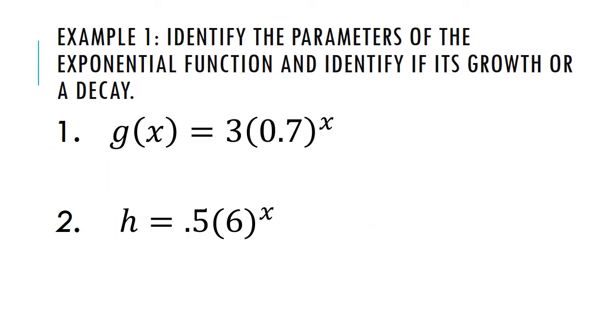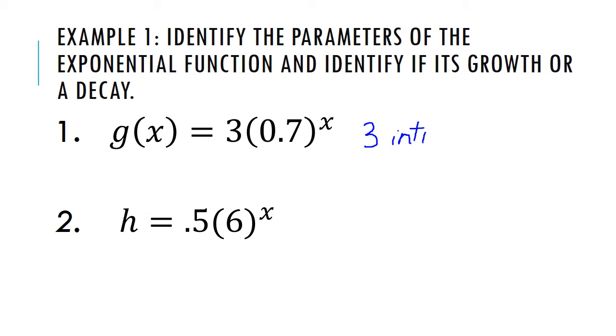Let's take a look at these questions. Identify the parameters of the exponential function and identify if it's a growth or a decay function. We have g of x equals 3 times 0.7 to the x. So this is an exponential function because x is the exponent in this function. 3 is the initial value, and 0.7 is the exponential factor.